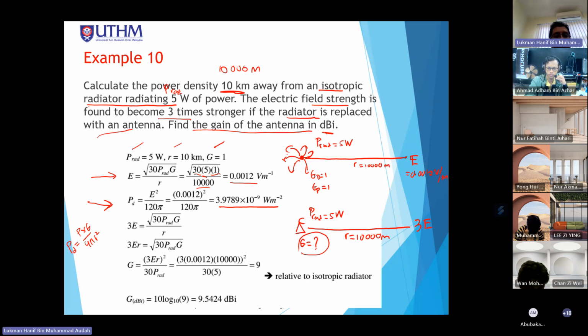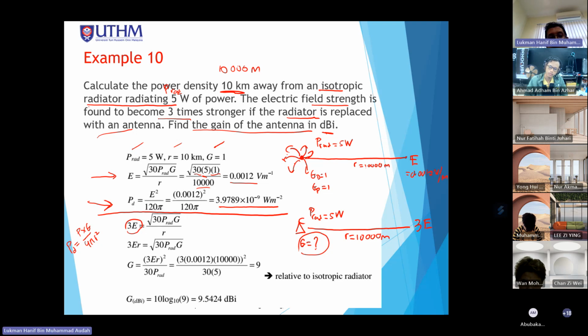Now I make a line over here so that we can separate the things. After this, we see that if we change the antenna, the electric field becomes 3 times.